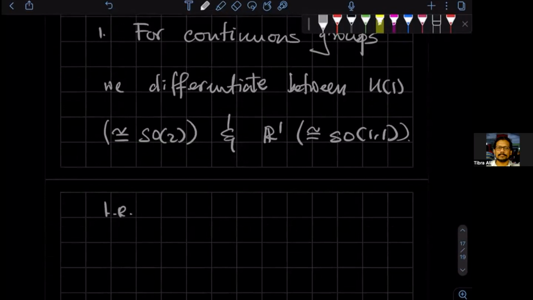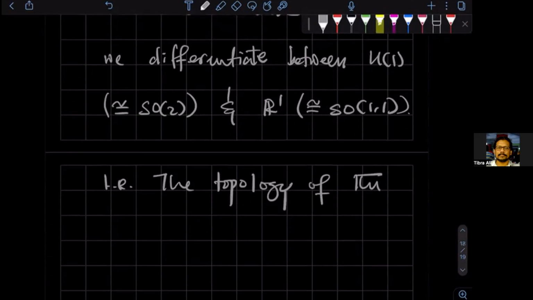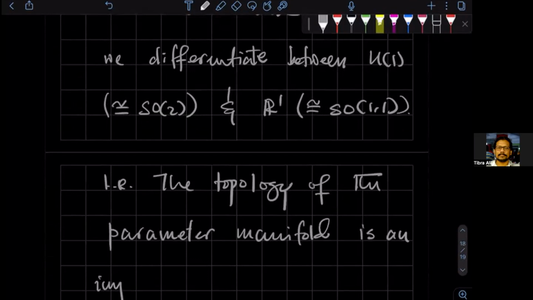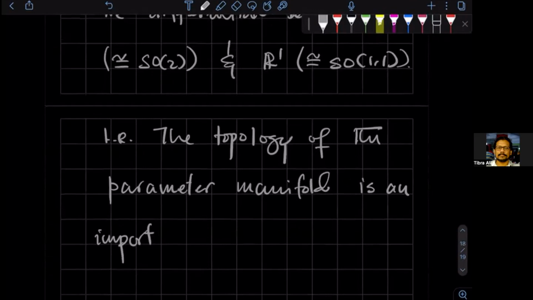the topology of the parameter manifold plays an important role.